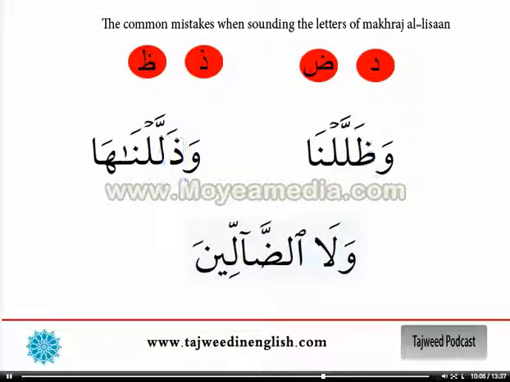And وذللنا, if we look at the two words in the Qur'an, they have similar letters up to here. When you count them, this alif is the same as this alif. وَظَلَّلْنَا, وَذَلَّلْنَاهَا. The only thing is an extra ha here.